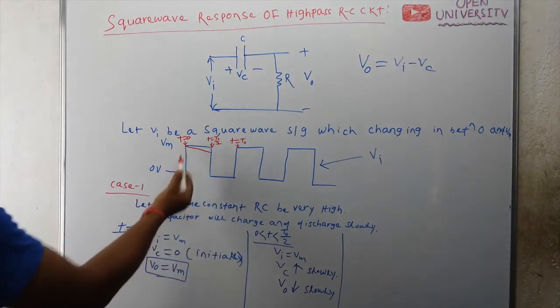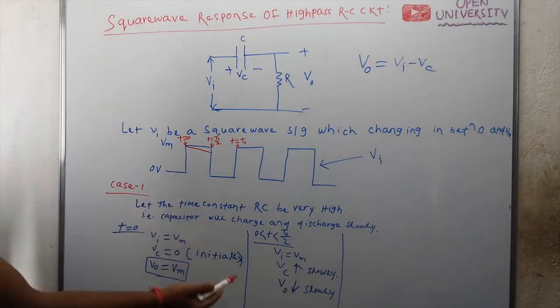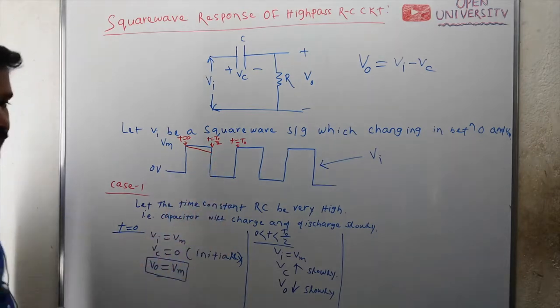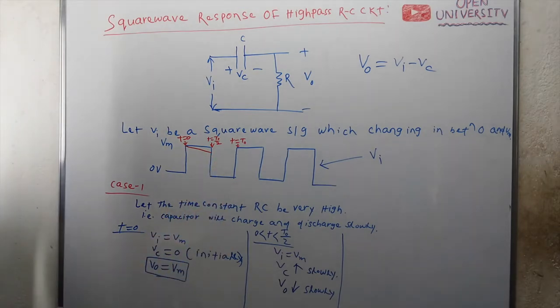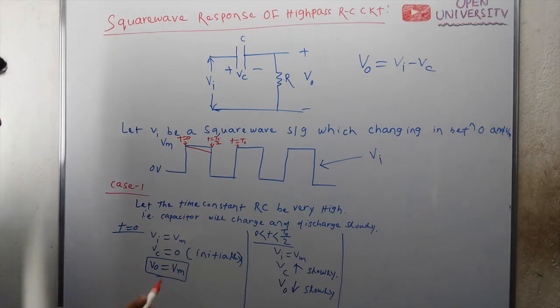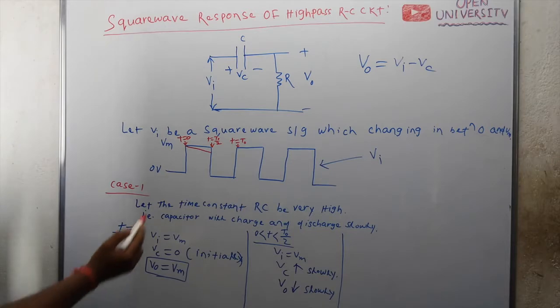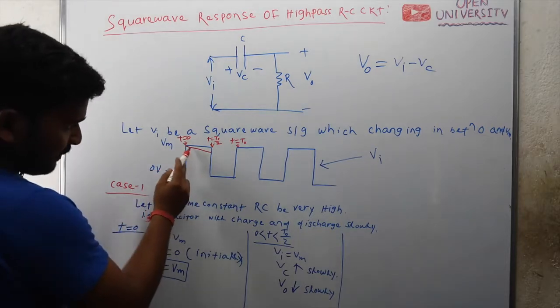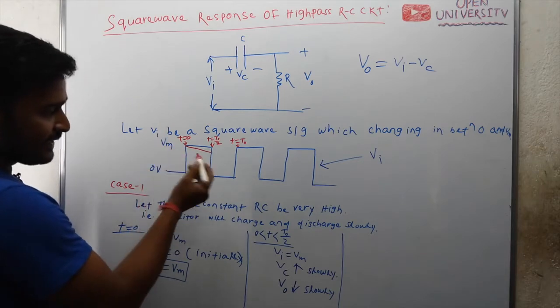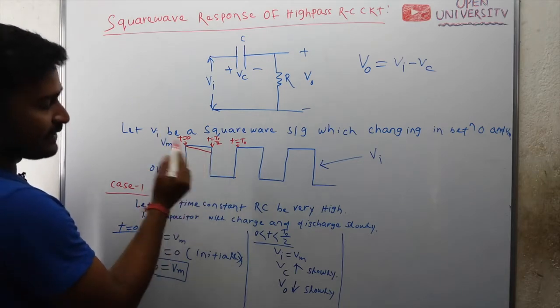At t equal to 0, output voltage is Vm, and from 0 to t0 by 2 output voltage will decrease slowly. In this interval, capacitor voltage is increasing, so output voltage is decreasing.